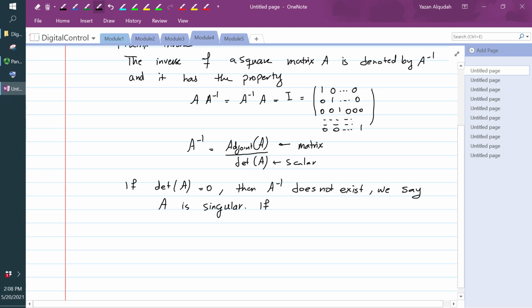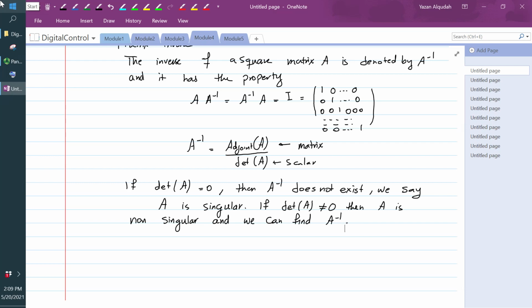If the determinant of A is not equal to 0, then A is non-singular, and we can find the inverse. Okay, so again, keep in mind, if the matrix is singular, it means the determinant is 0, and therefore the inverse does not exist.